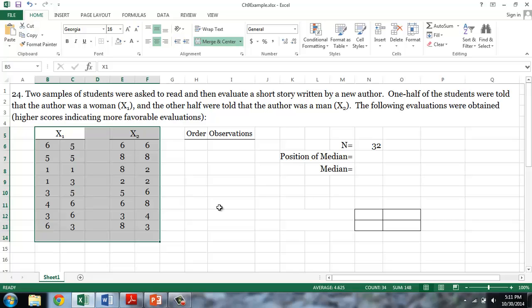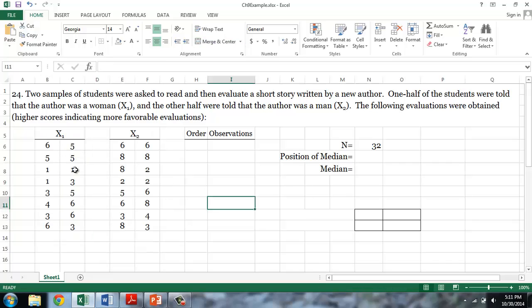The first step in performing a median test is to determine the overall median of the data. So I'm going to copy the individual scores for each group into one long column so that I can find its median. To do this, I'll select each column and then copy using Control-C and then paste into this column.